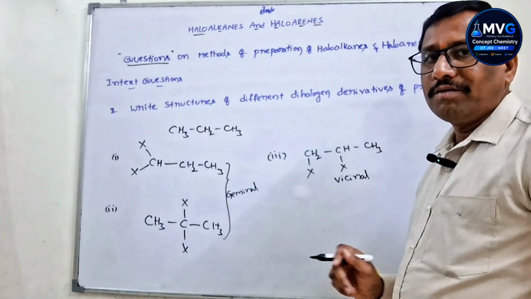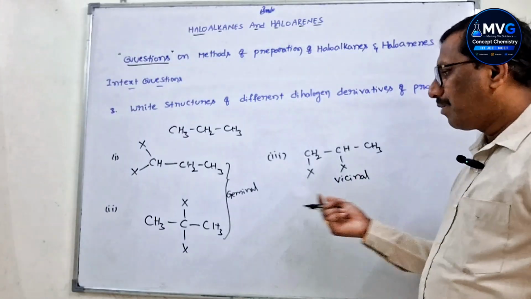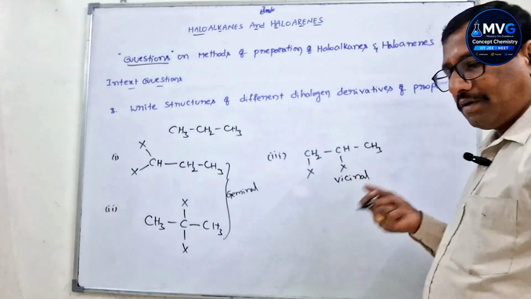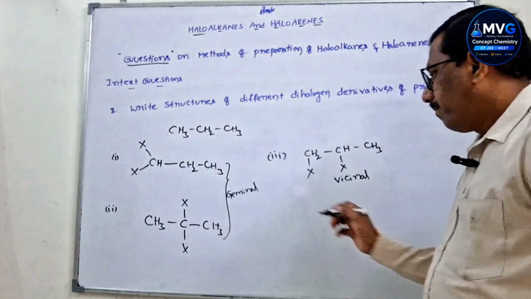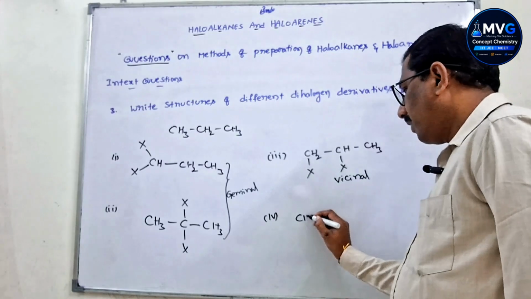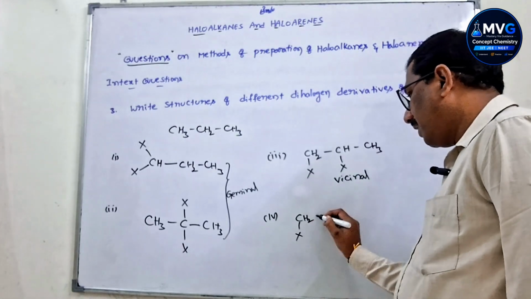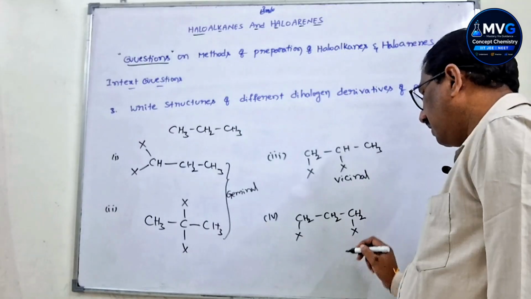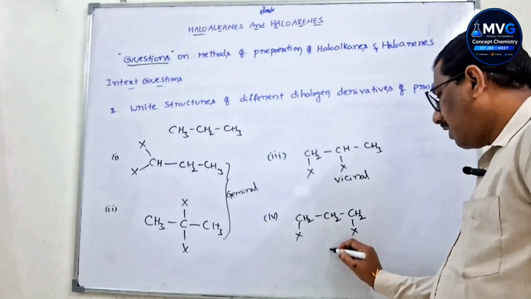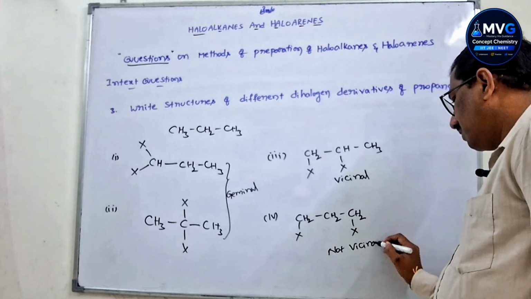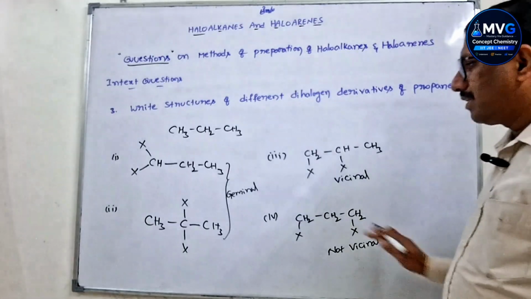In the previous video I explained that while writing the IUPAC nomenclature, vicinal and geminal are important, students. Next, the fourth one, we can write as CH2X, CH2, CH2X. It is not a vicinal compound, students. Here there is no need to explain vicinal or geminal.